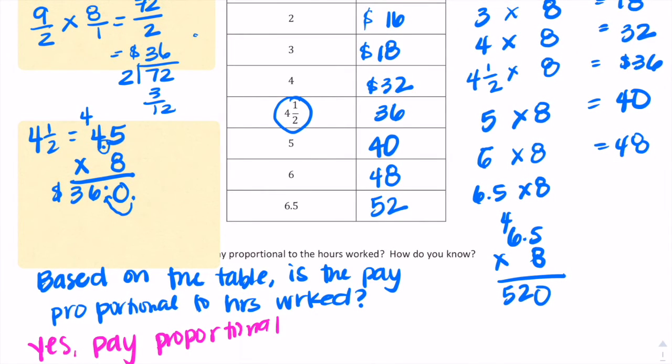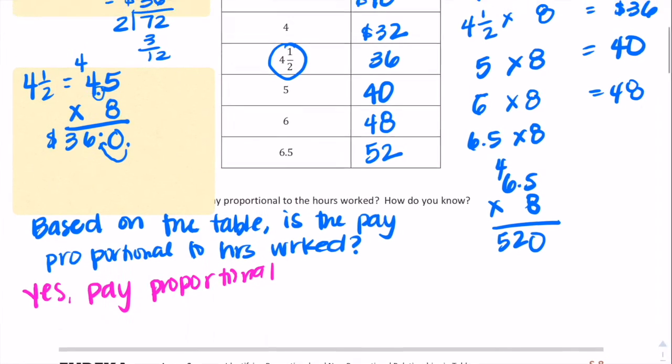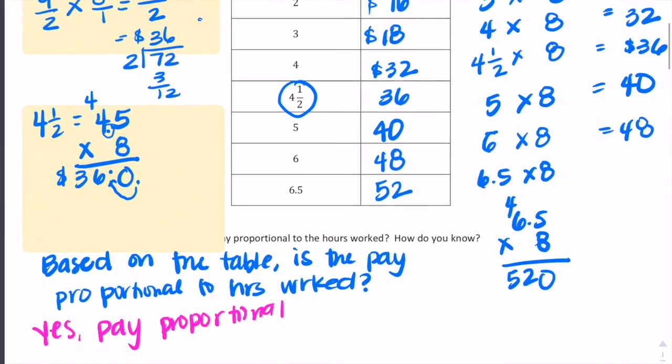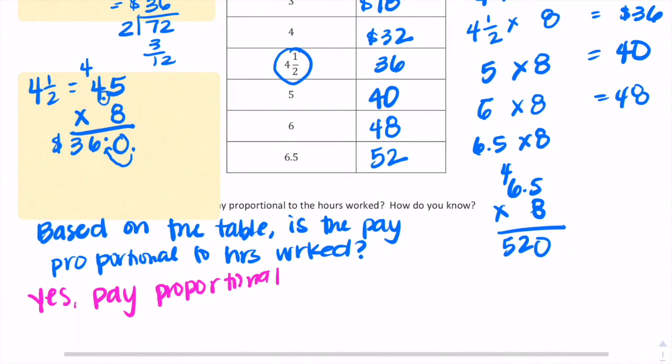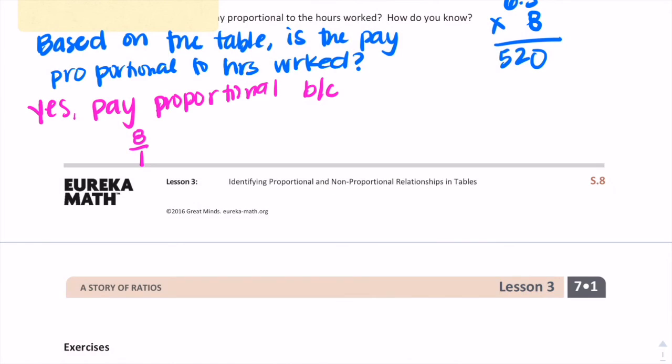because every ratio that we can get from the table, so our 1 to 8 or 8 to 1, and 16 to 2, and 24 to 3 and 32 to 4.